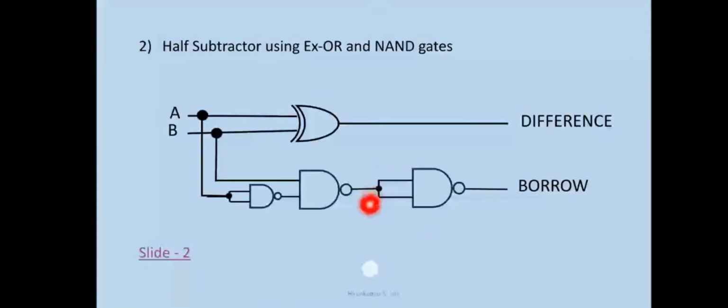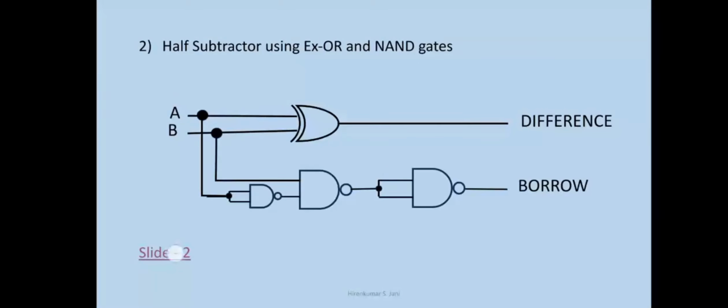Here, for the second NAND gate, both the inputs are shorted, so this will act as a NOT gate. So, NAND gate plus NOT gate will give the AND gate. So, we will have one XOR gate over here, one NOT gate over here, and the combination of these two is just the AND gate.